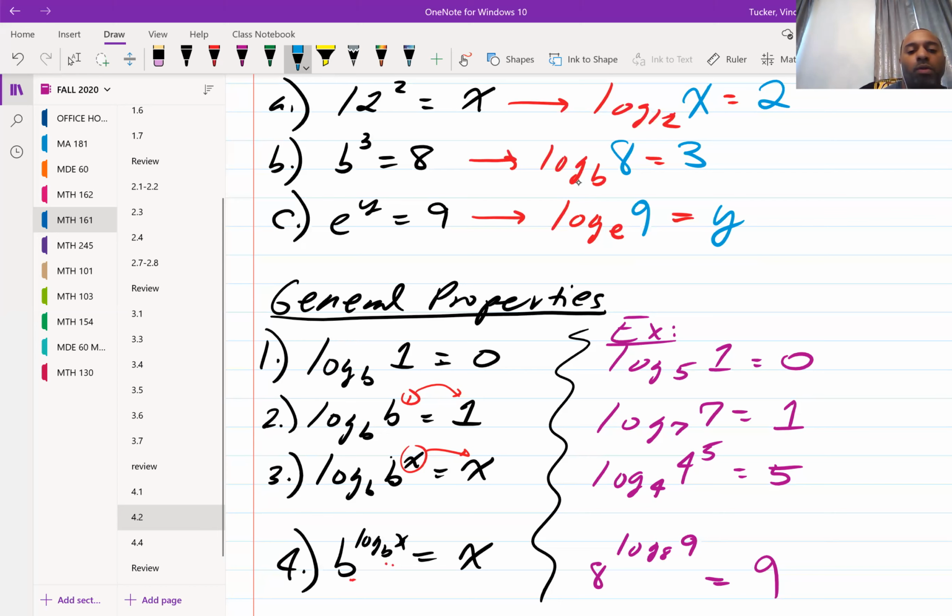And then for number 4, if you have a number raised to the log base of that same number of x, notice that this part cancels and leaves you with just the x.